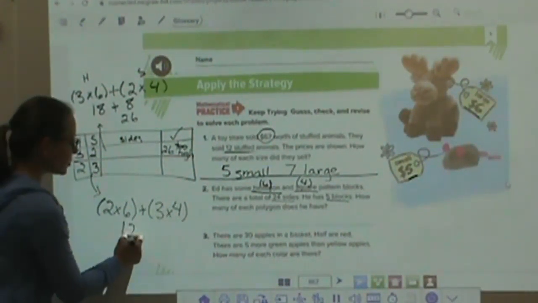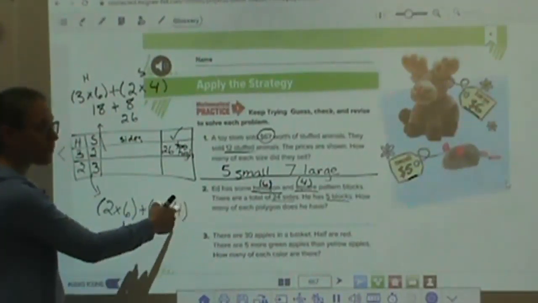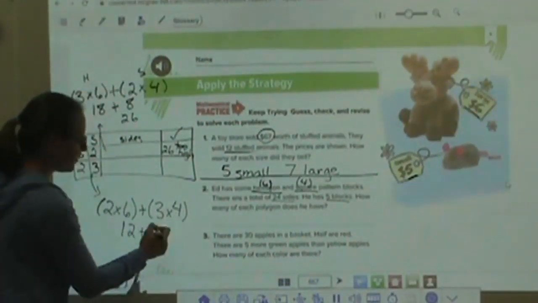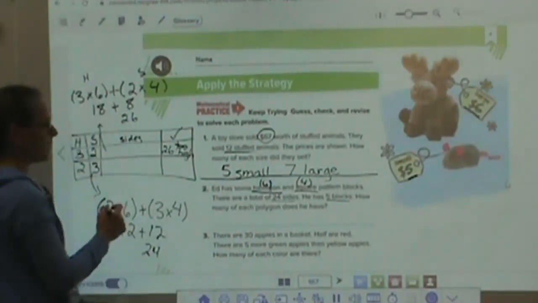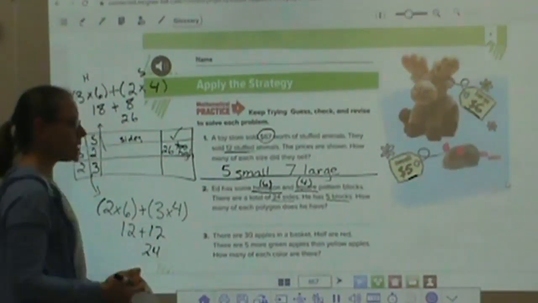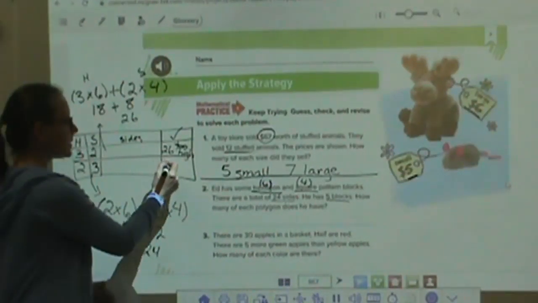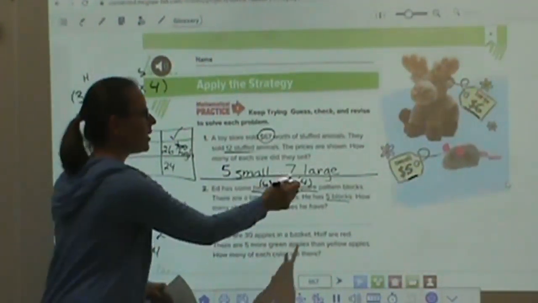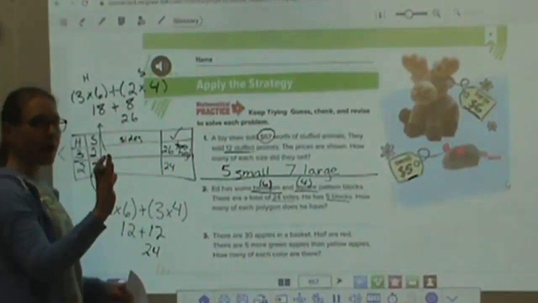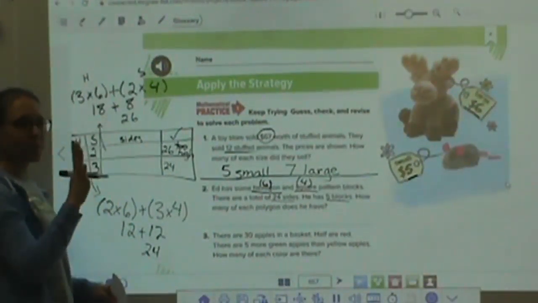2 times 6 is 12. 3 times 4 is 12. 12 plus 12 is 24. Is that what we need to find? 24 sides? Yes, 24 sides. Does she have 5 blocks? 3 plus 2 is 5.